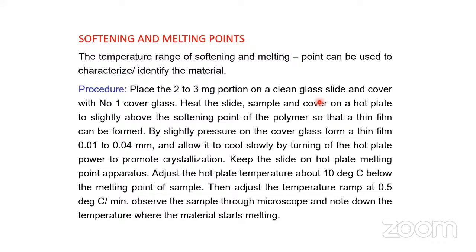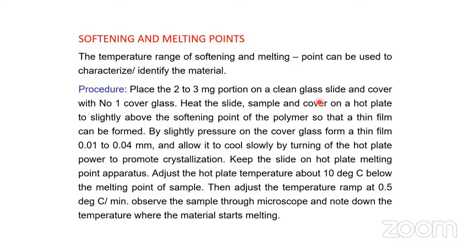You have to keep your sample in between the two glass slides. That glass cover is part of the machine instrument. After softening the polymeric system, we will increase the temperature at some speed.